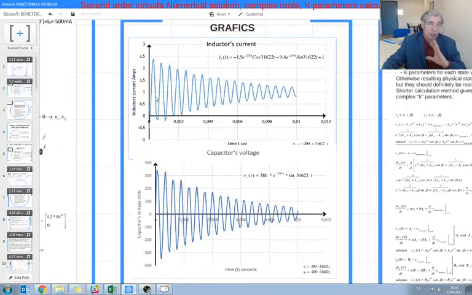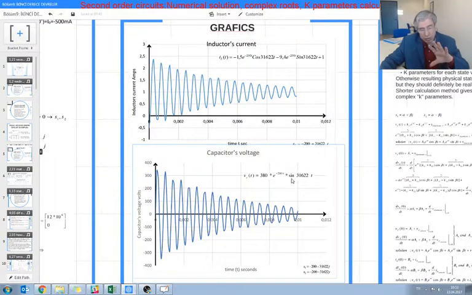There is no jump or instantaneous change. So that is interesting: if your characteristic root is complex, then you're going to observe a sinusoidal signal in your system. This sinusoidal signal is not related to your source function. The source function is DC, but you are observing a sinusoidal signal.